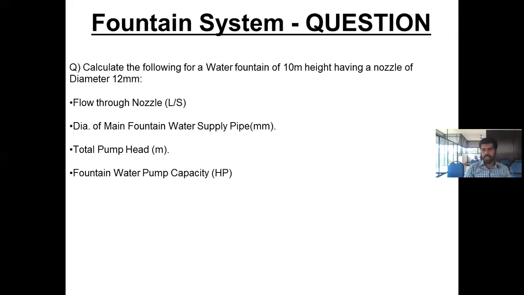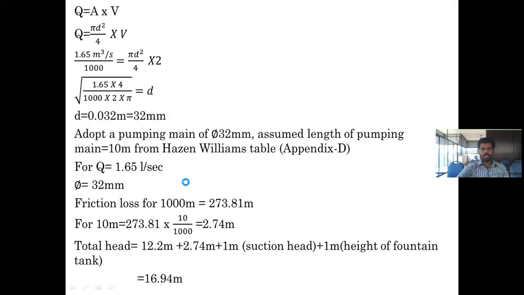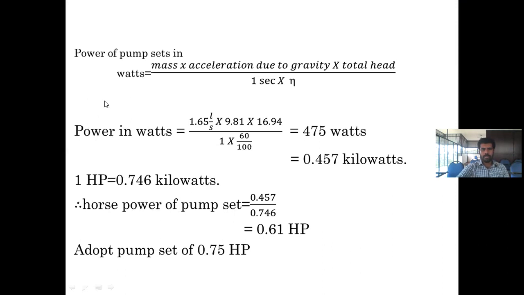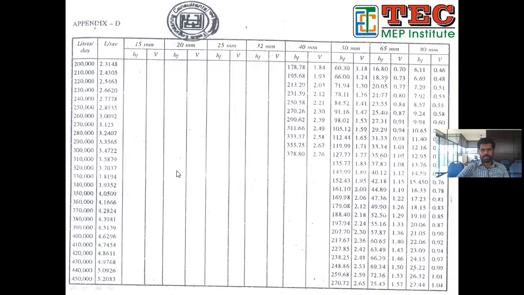When you are going to buy a pump, they will ask at what pump head, and not only that, they will ask you the flow rate also. So next we have to find the pump head and the fountain water pump capacity.